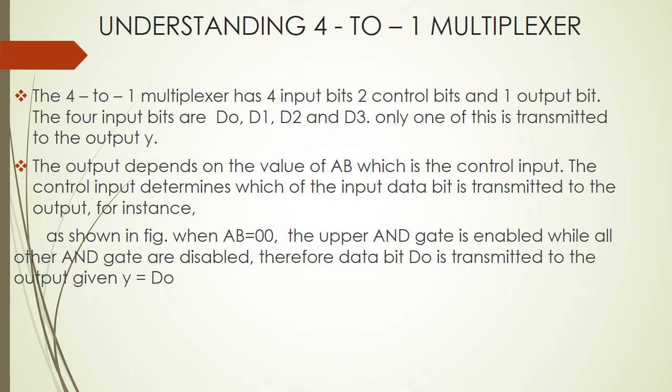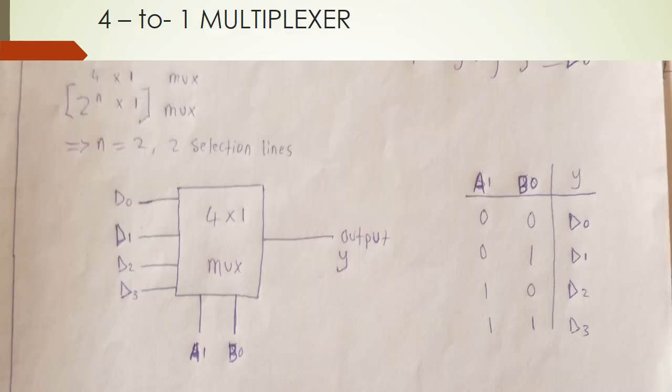For the next slide, we are going to make the expression so that the explanation will be clear. For the 4-to-1 multiplexer, we create a bracket and put 2 raised to the power n times 1 multiplexer. When we open the bracket, n will be at the front, and n is equal to 2.